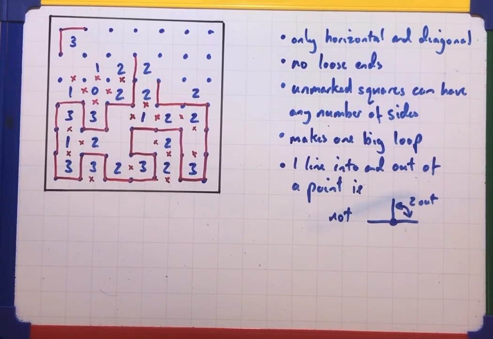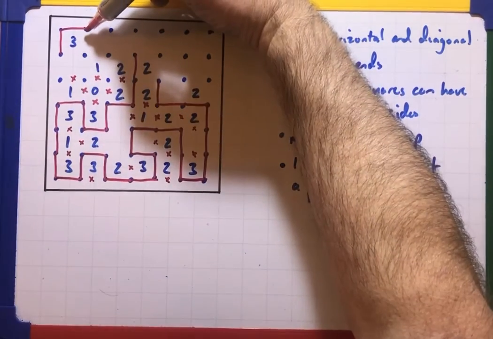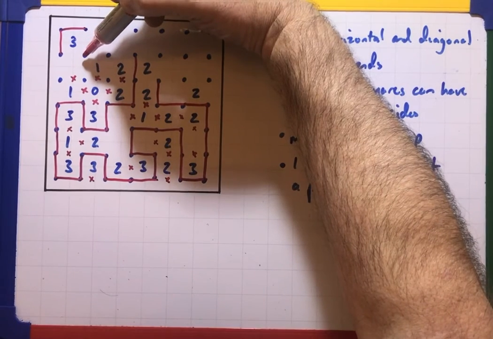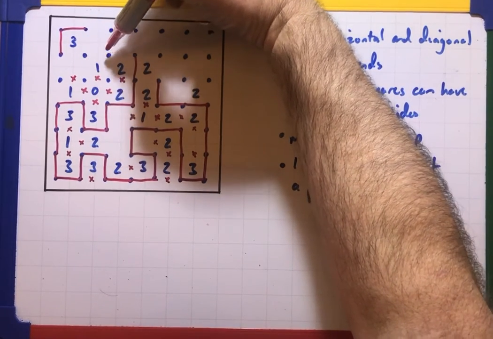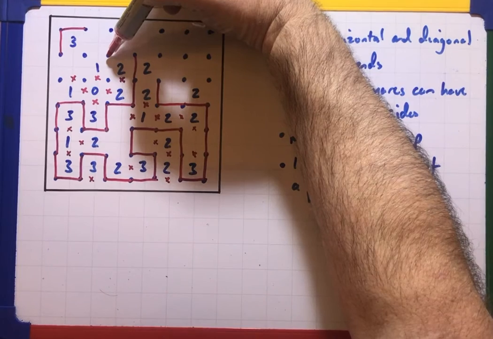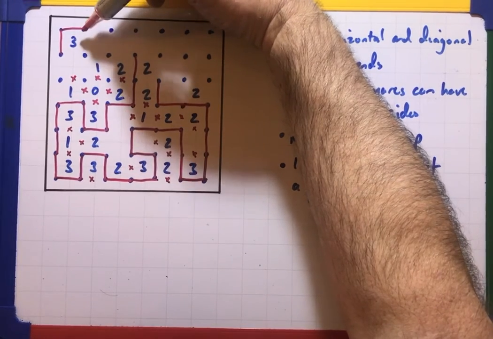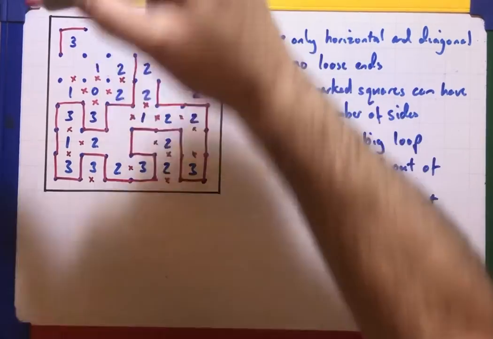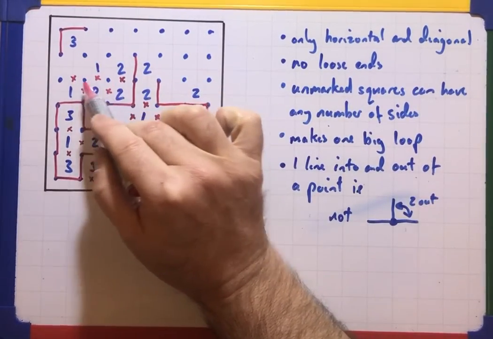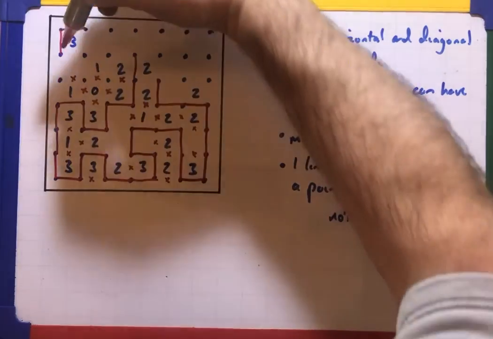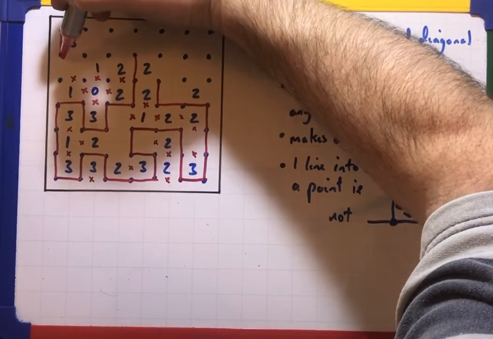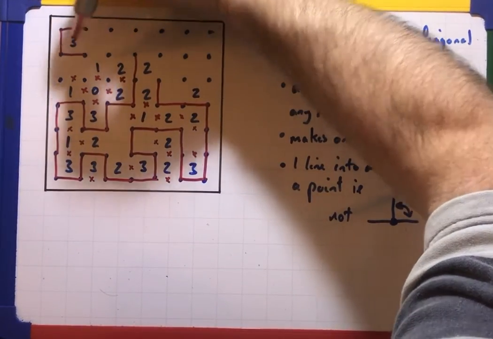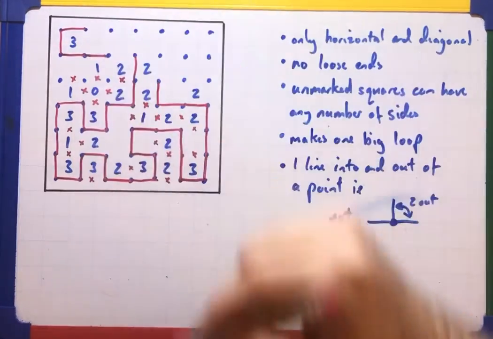Okay, so either this one goes down and across there, or it goes across there and that comes across. But then that would have to go down and it can't go across there. So this one must go across there and across there.